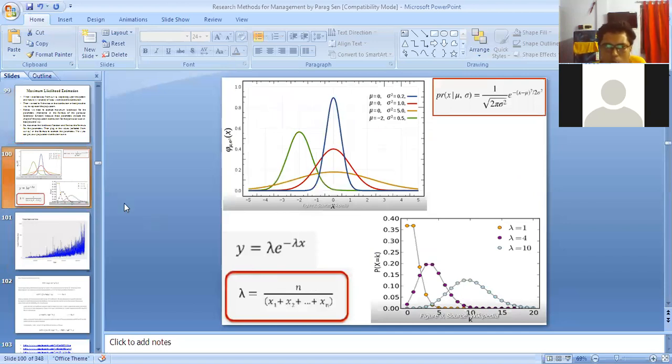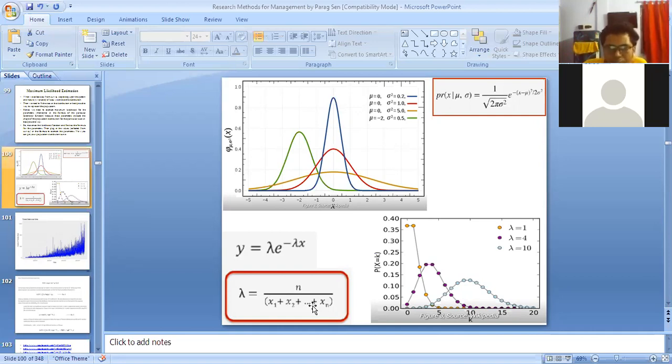In this way, you have seen earlier that in linear regression we have used the least square method to find out the best fitted line.